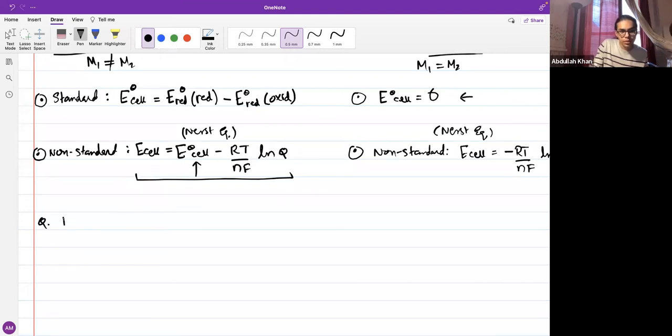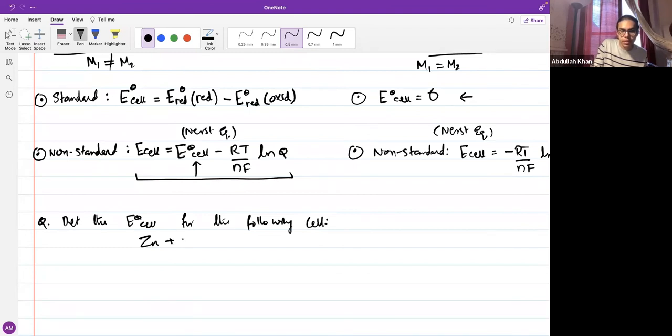Question, determine the E0 cell for the following cell. I'm just going to give you a very quick, nice example.